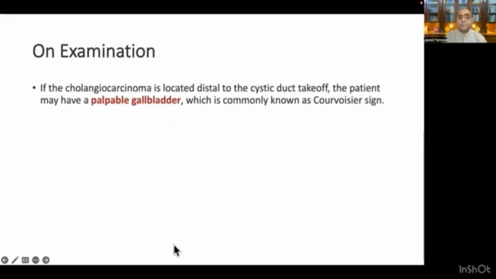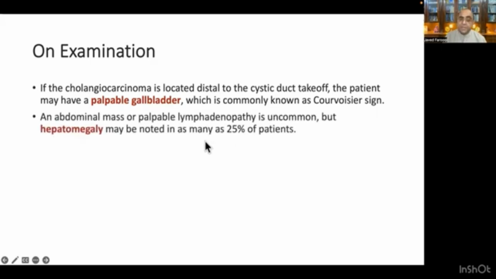On examination, if the cholangiocarcinoma is located distal to the cystic duct takeoff, the patient may have a palpable gallbladder, which is commonly known as Courvoisier sign. An abdominal mass or palpable lymphadenopathy is uncommon, but hepatomegaly may be noted in as many as 25% of patients.